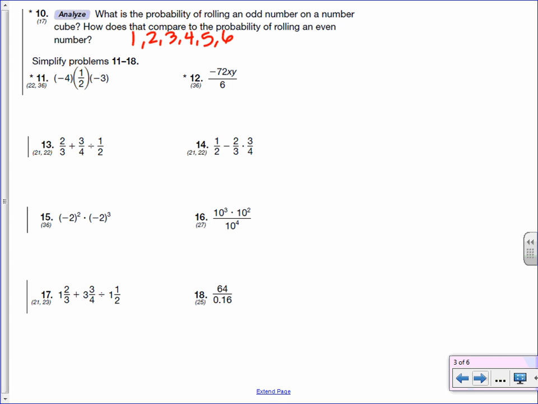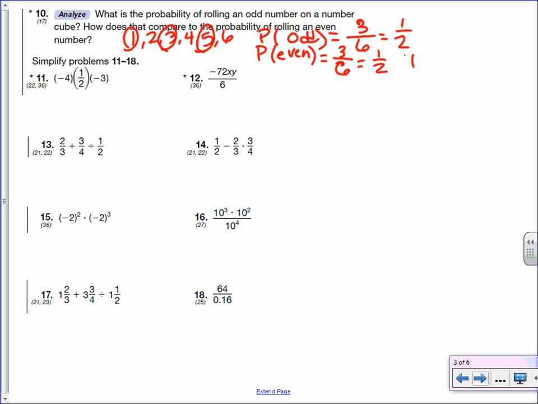The odd numbers are 1, 3, and 5, so there are 3 out of a total of 6. So the probability of getting an odd number is 3 out of 6, or 1/2. And then the probability of getting an even number, there are also 3 even numbers. So that would be 3 out of 6, or 1/2. So they're the same.